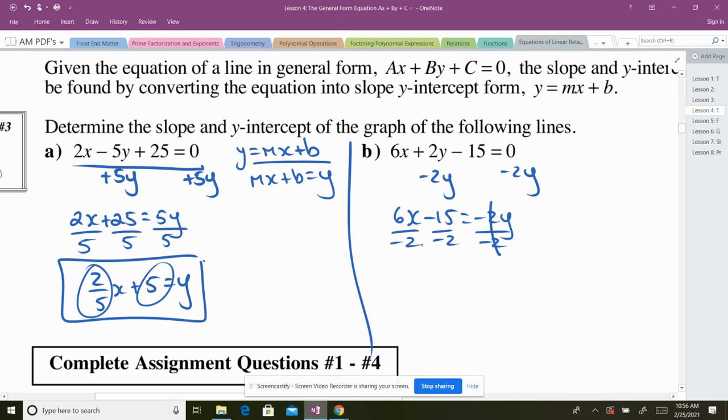What's 6 divided by negative 2? Negative 3, right? You could, but 3 is like 3 over 1, right? If it's a whole number, you can reduce it down. Negative 15 over negative 2, you can leave this as a fraction. Yeah, you can write positive 7.5 or positive 15 over 2. And there you go.